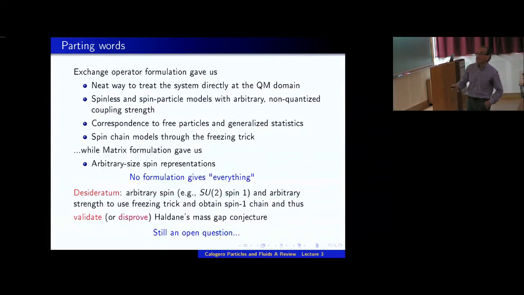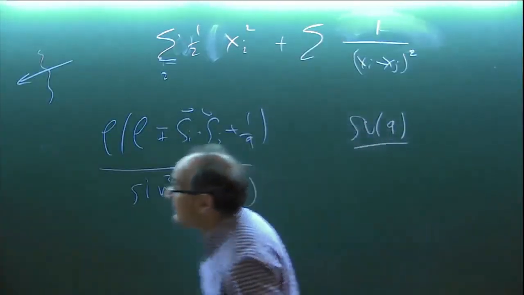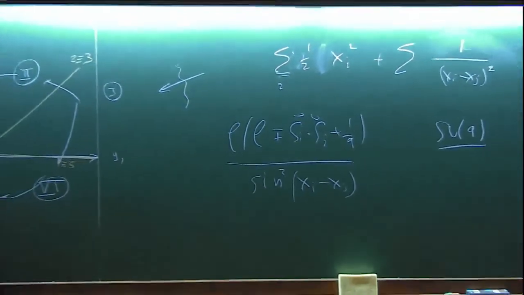On the other hand, the matrix formulation that we had before gave us arbitrary size spin representations. Remember, I stressed that although you can have any spin group SU(q) that you want, you can only have the fundamental representation. You cannot assume that your elementary spins are in any higher representation.